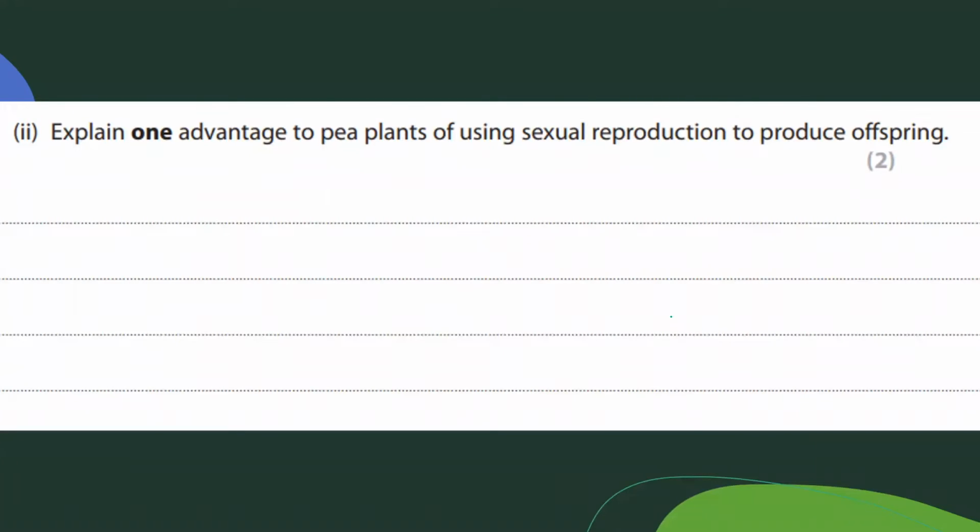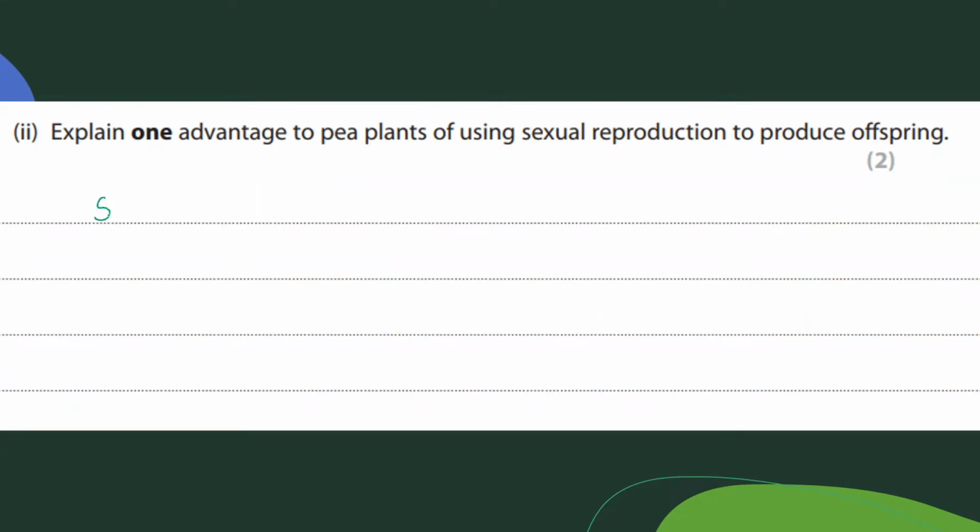Explain one advantage to the pea plants of using sexual reproduction to produce offspring. So to the pea plant, not to people. Some plants can clone themselves. If you think about strawberries, the things called runners, they're actually cloning themselves, so they produce genetic copies.